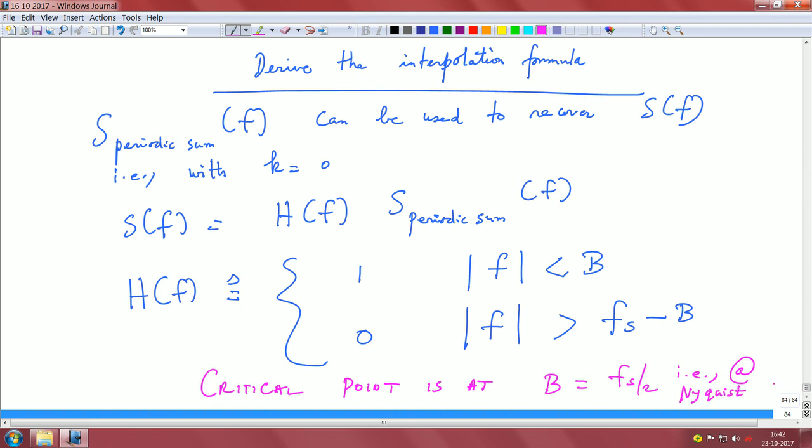These are the Nyquist rate. If I am not at Nyquist, then it is fine. Okay, then it is fine. We do not have anything to worry about, but if we are at Nyquist, then we have to be worried. Okay.